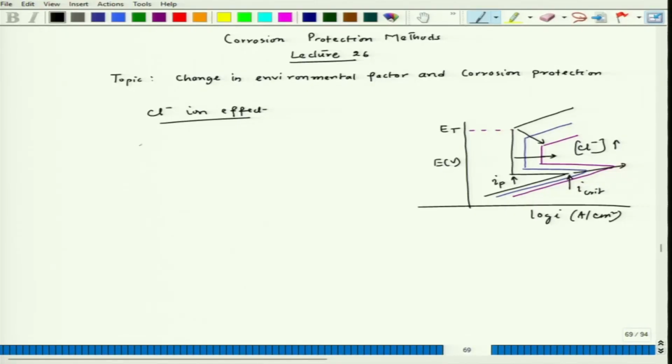Now, if we look at the mixed potential theory and the corresponding anodic plot of an active passive metal, let us say this is E volt, log I, ampere per centimeter square.